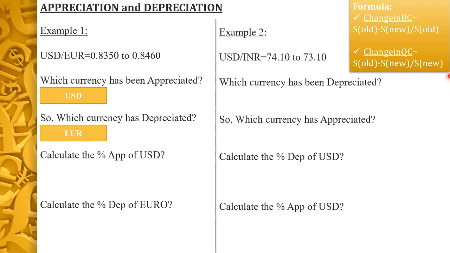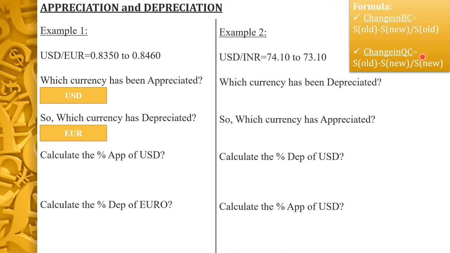And second, the base effect. Now what is base effect? With the increase in the denominator, the value of the final number decreases, and with the decrease in the denominator, the value of the final number increases. So here we want appreciation to be calculated. For that we want a higher number, which means we want the denominator to be the lower of these two. The numerator will always be the same, the difference of the two.